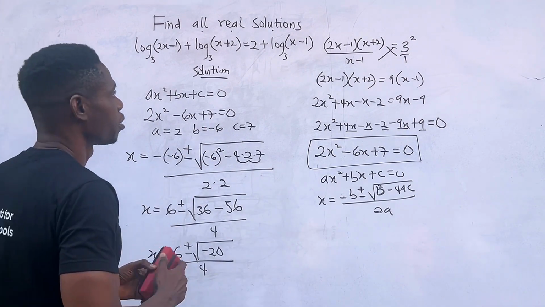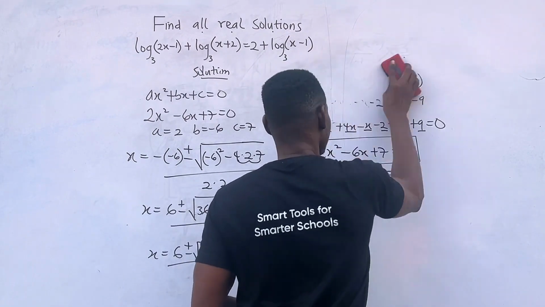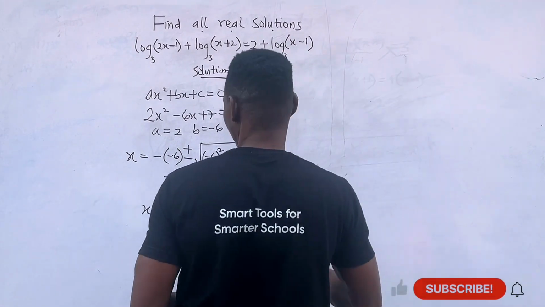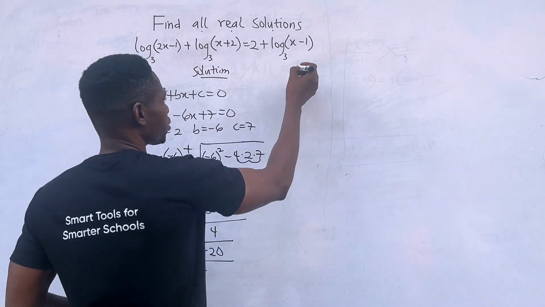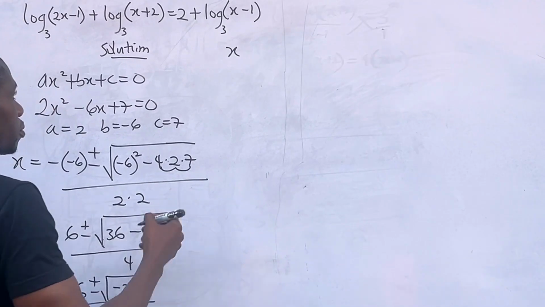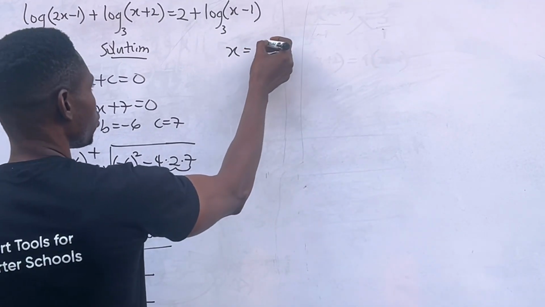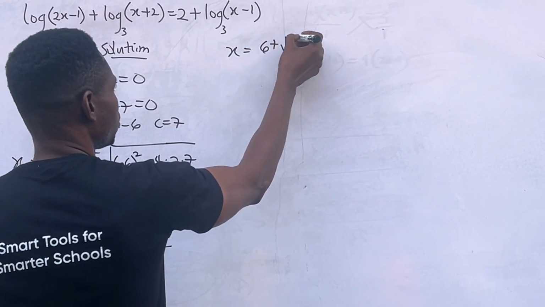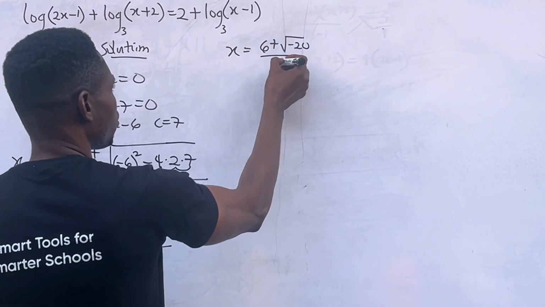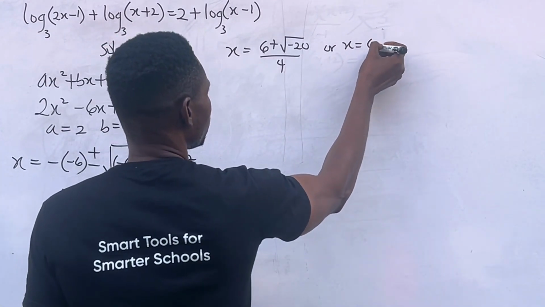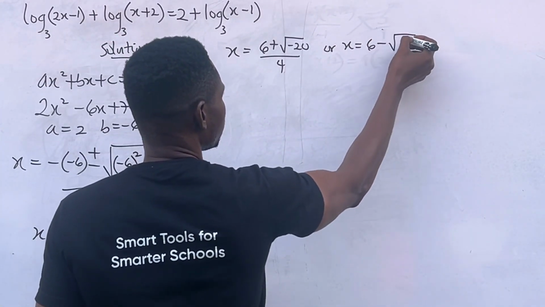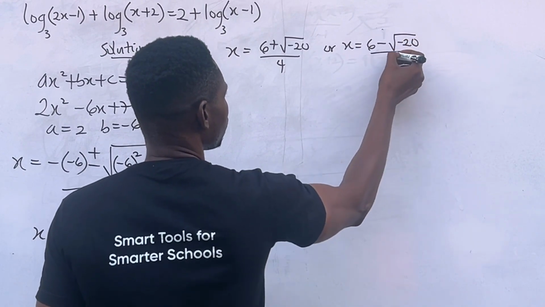Let me come up here. So x is either equal to 6 plus the square root of negative 20 over 4, or x equals 6 minus the square root of minus 20 over 4.